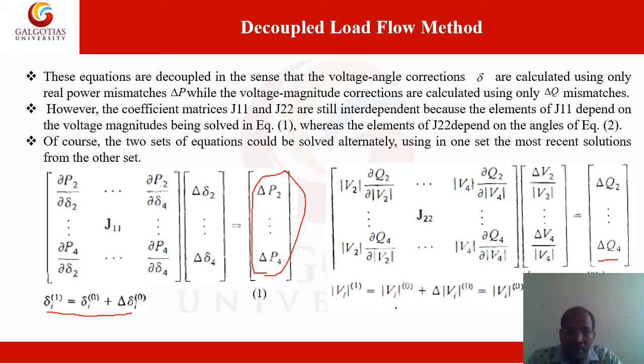Then further we calculate the elements of matrix J22, which is reactive power differentiated with respect to magnitude voltage, that is V2 and V3. So we calculate V2 and V3, then update them. If these voltage values lie within the tolerance limit, then we can terminate, otherwise go for the next step.